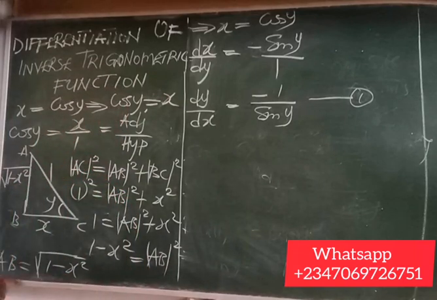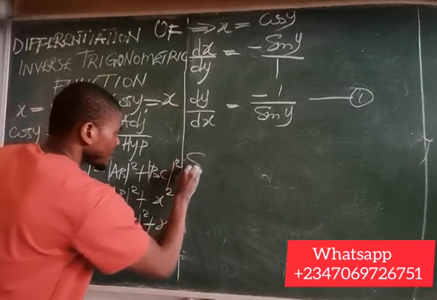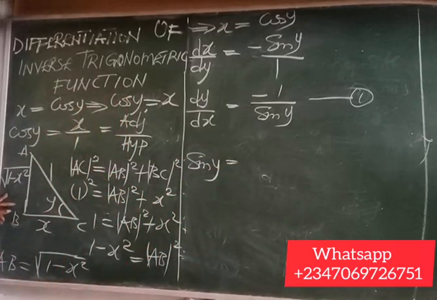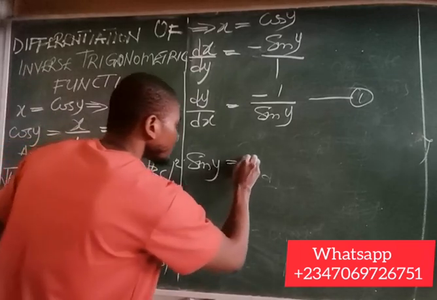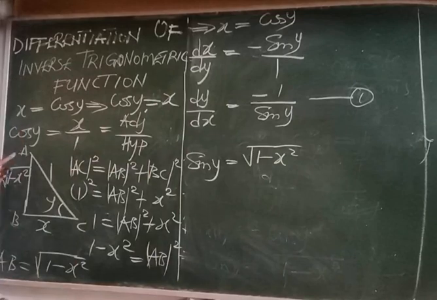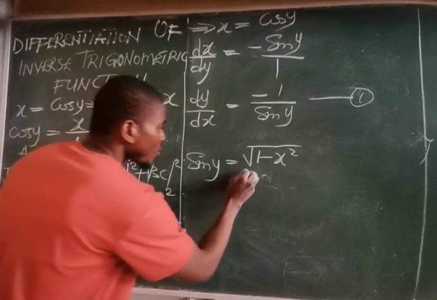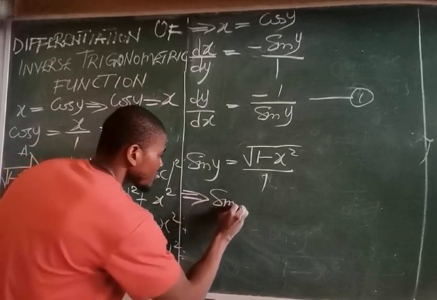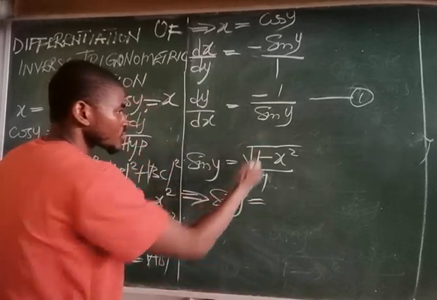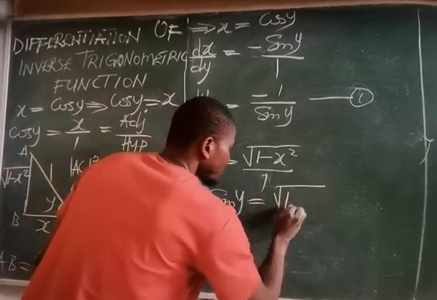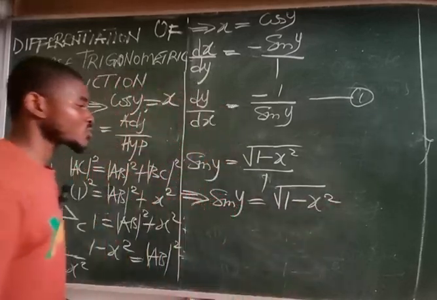So from here now, I can actually find what? Sine. Remember, sine y will now be opposite, which is root 1 minus x squared. So we have root 1 minus x squared all over hypotenuse. Hypotenuse is 1, all over 1. So this simply implies that sine y is, of course, root 1 minus x squared divided by 1 still gives us root 1 minus x squared.